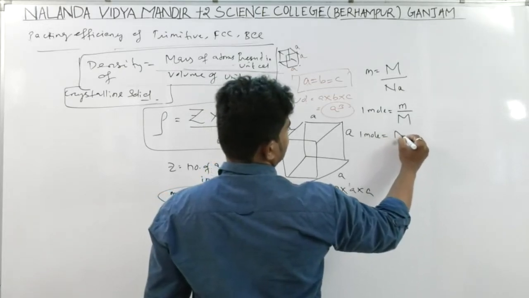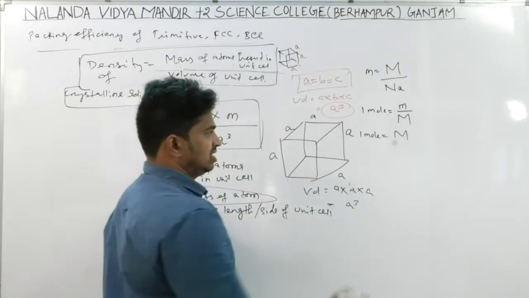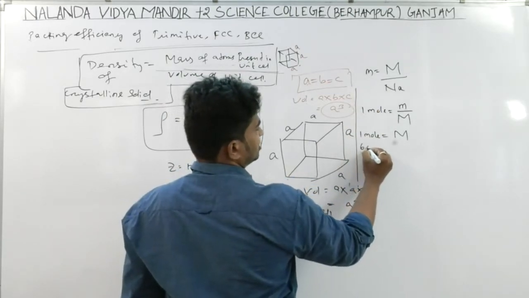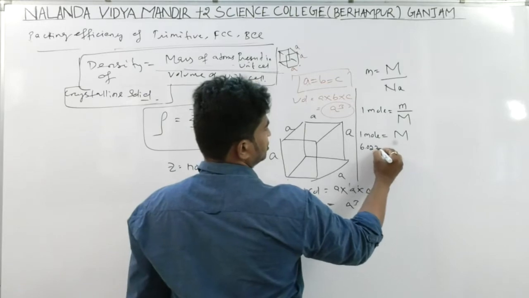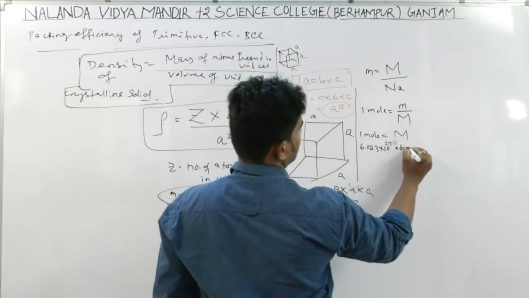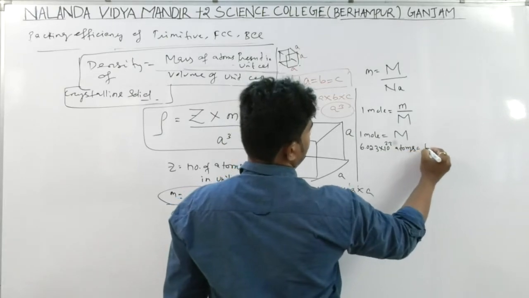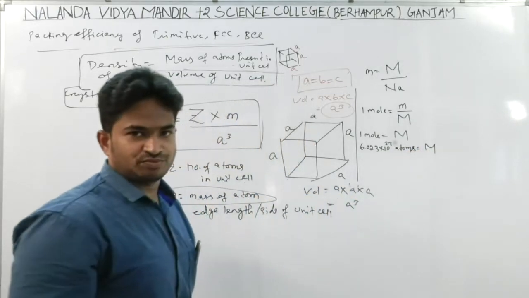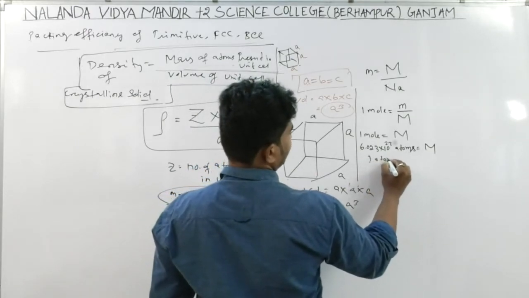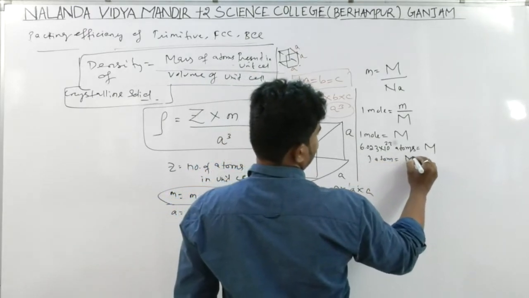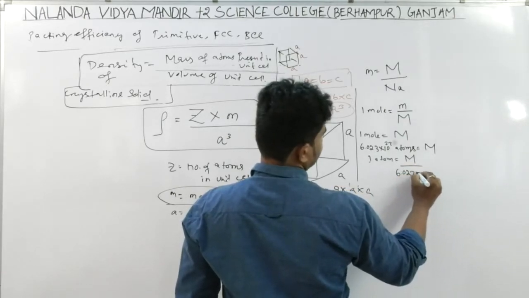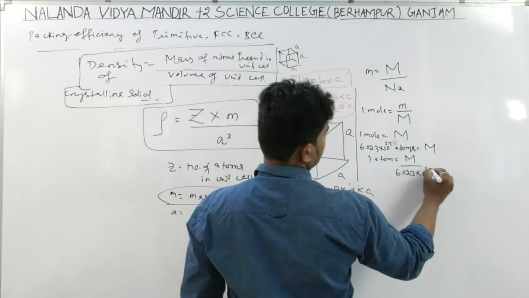One mole means 6.023 into 10 to the 23 atoms, with mass equal to capital M. So for one atom, it will be capital M divided by 6.023 into 10 to the 23.